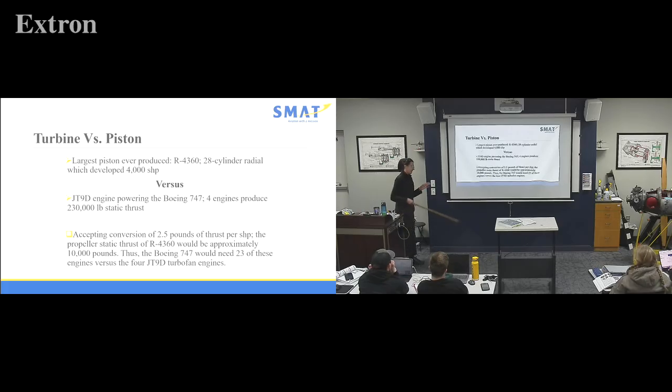If we accept the conversion of 2.5 pounds of thrust per shaft horsepower, the propeller static thrust of the R4360 would be approximately 10,000 pounds. Thus, the Boeing 747 would need 23 of these engines to equal 4 of the jet engines.